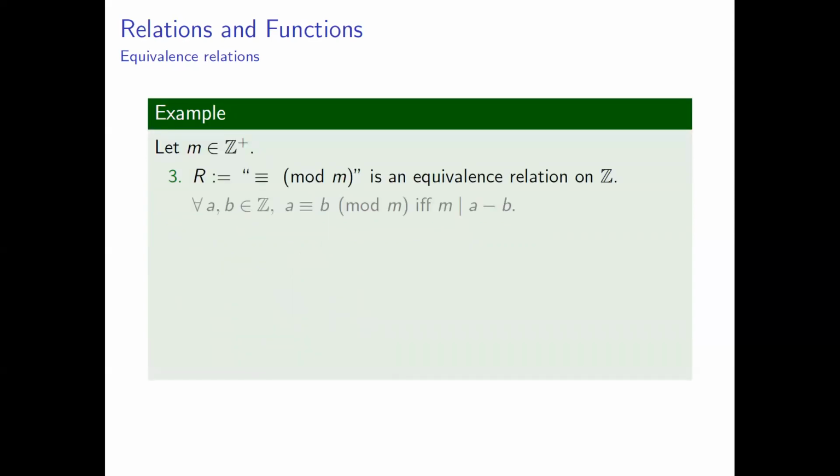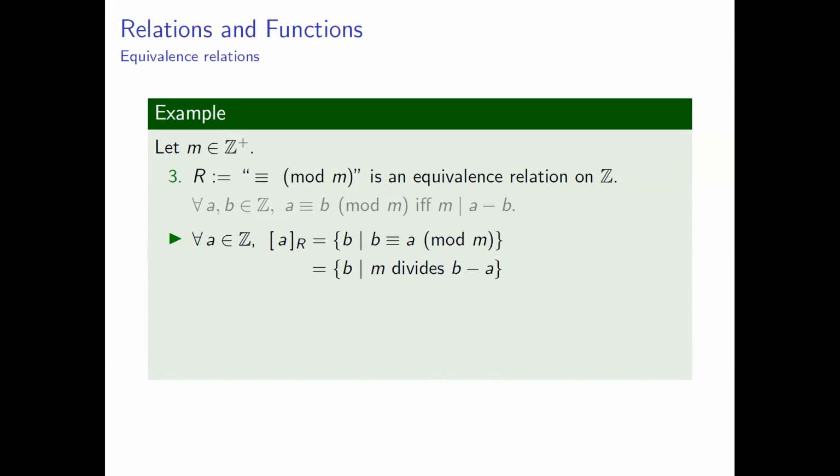For a fixed positive integer m, consider the relation congruence modulo m. Recall from lecture 4.1 that the integer a is congruent to the integer b modulo m if and only if m divides a minus b. For any integer a, the equivalence class of a is the set of all integers b such that b is congruent to a modulo m.